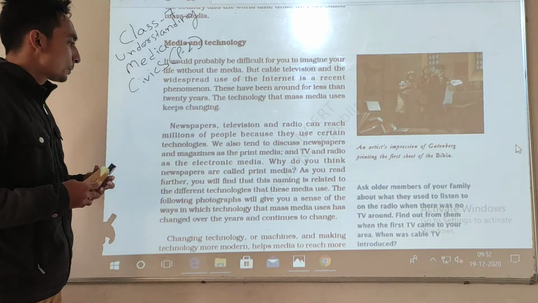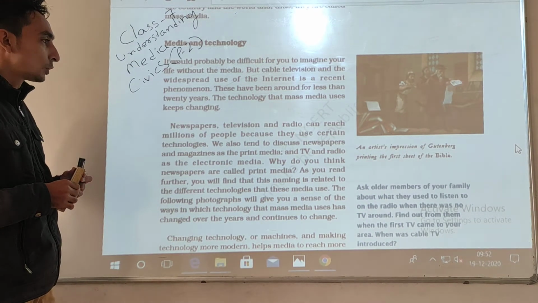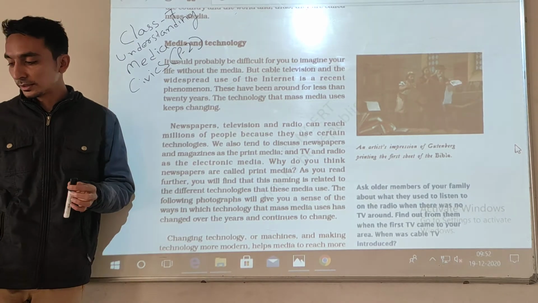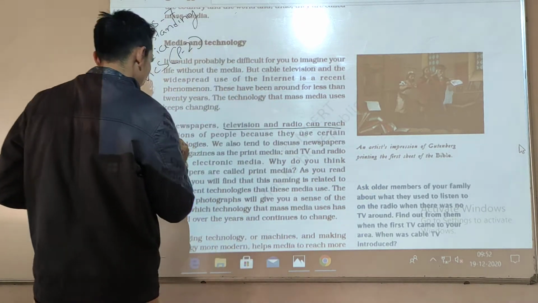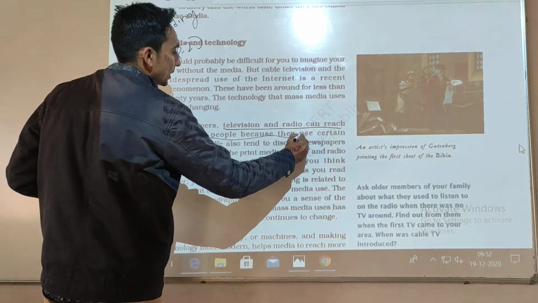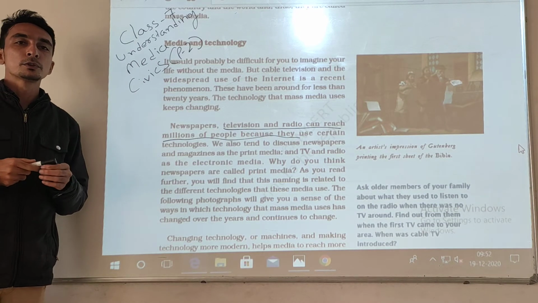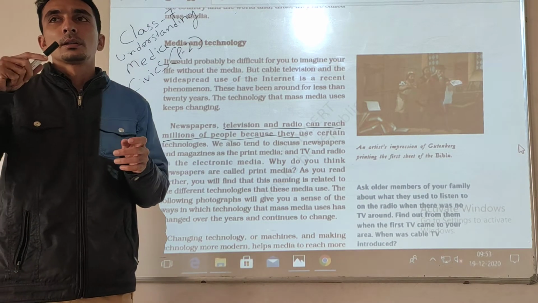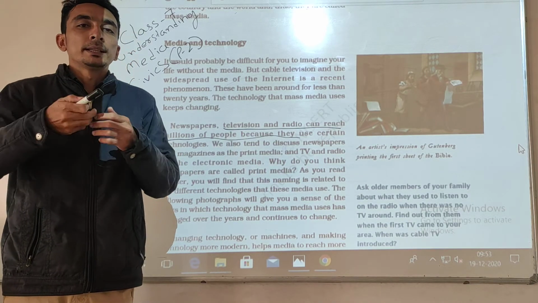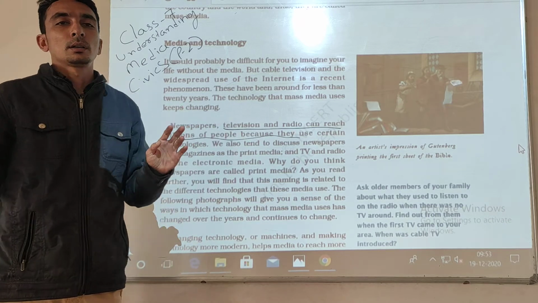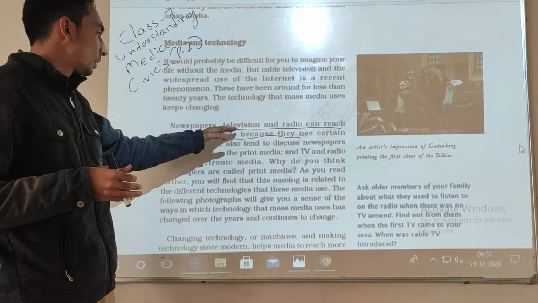Now, newspaper, television and radio can reach millions of people, not only thousands, because they use certain technologies. Newspaper is printed in thousands of copies, 5,000, 6,000, and then distributed house to house.